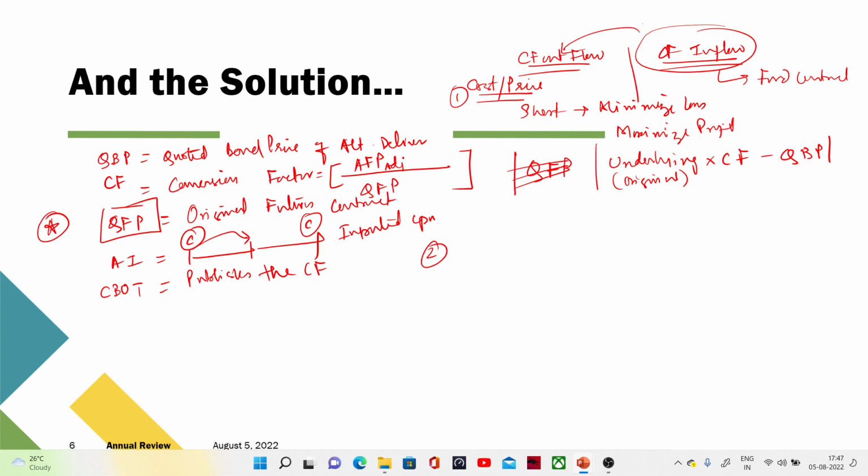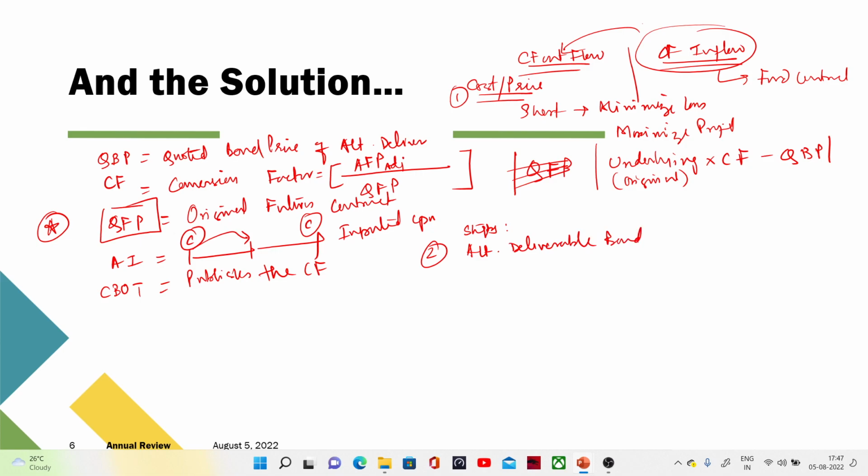If you follow the steps which have been written here, all that we actually do is three things only. First and foremost, we find out the alternate deliverable bond.